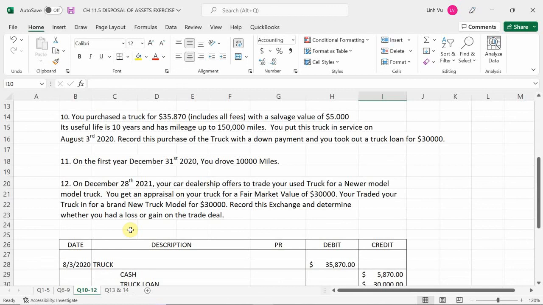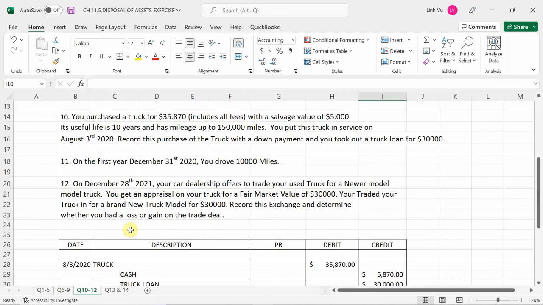Okay? And of course, you get an appraisal on your truck for a fair market value of $30,000. Okay? And of course, you traded your truck in for that brand new truck, okay, for $30,000.